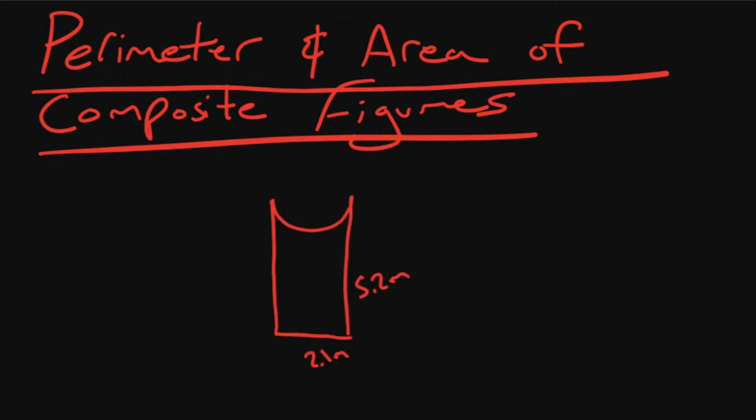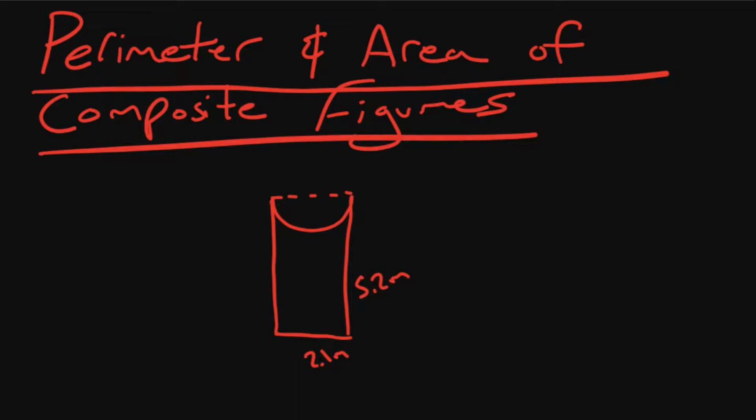Okay, so in this example that I've drawn out here, let's say I want to find the area of this object here. Right off the bat, I tell you that this is a semicircle cut out of a rectangle. We know that we're going to use the length times width formula for the area of a rectangle and the area of a circle.